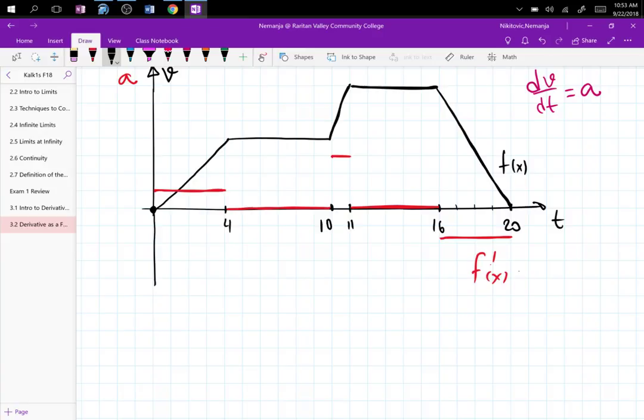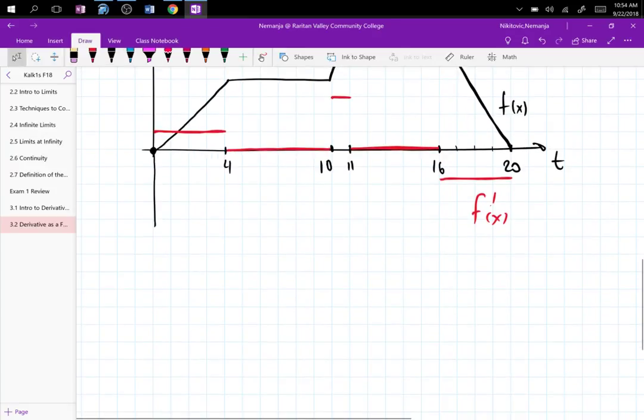Sure it does, right? You see the function is increasing, you have the derivative above the x-axis, no change, as you said, it's 0, and then when the function is decreasing, the derivative is below. So you are able to sketch these derivatives without actually knowing what the function is, which is a really cool thing.